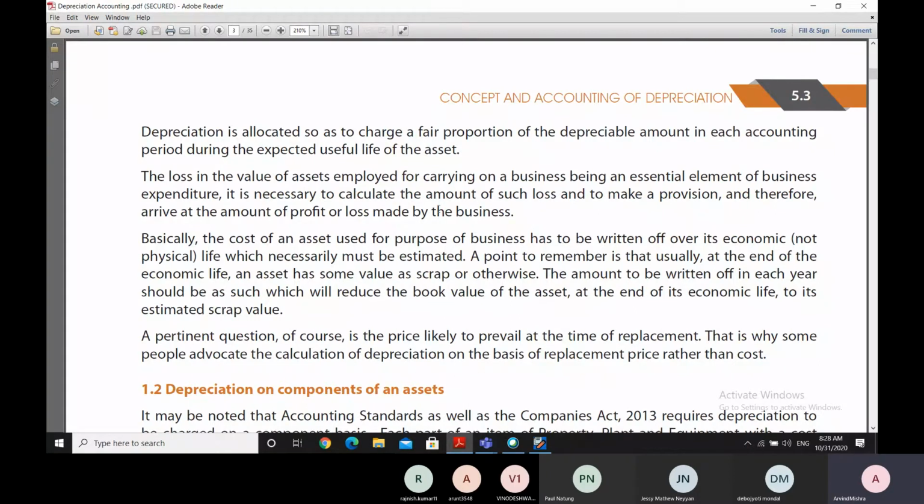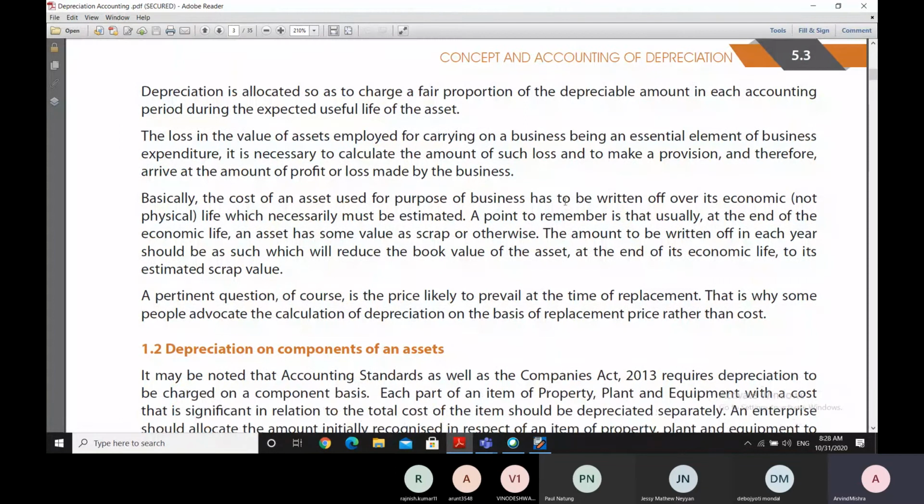Therefore it is necessary to calculate the amount of such loss, and it is also necessary to make a provision so that we accumulate a certain amount of profit to replace those assets. Therefore, even to arrive at the profit and loss made by the business, we need to provide for the depreciation, or the amount of loss on account of depreciation, or the loss on account of the loss in the value of assets.